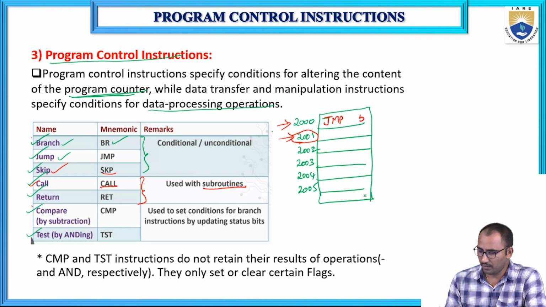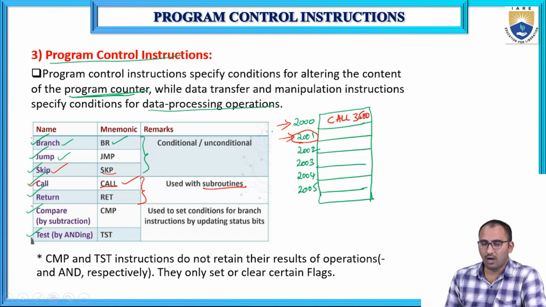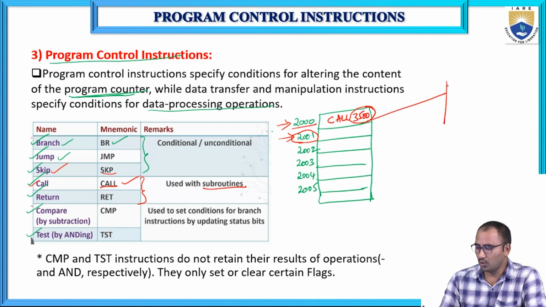So we have a memory. Here we are discussing the call. In the 2000 location we have a call 3500. Whenever this call instruction is executed, the program control will be shifted from the 2000 location to a new location, 3500.